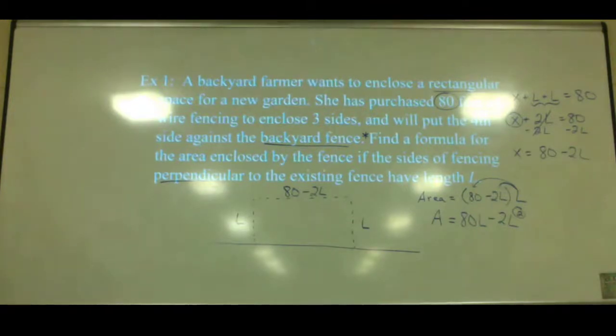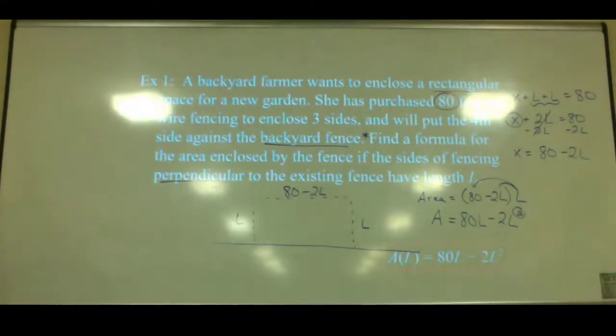Okay? So on this first one, it was just a matter of realizing that if you start working with that and try to figure it out, you're going to get a quadratic situation. So 80L minus 2L squared is your formula for finding the area based on the length of those sides.